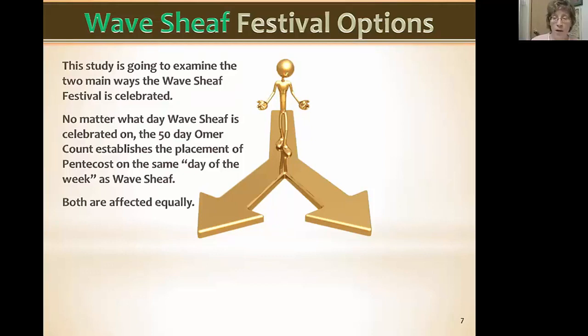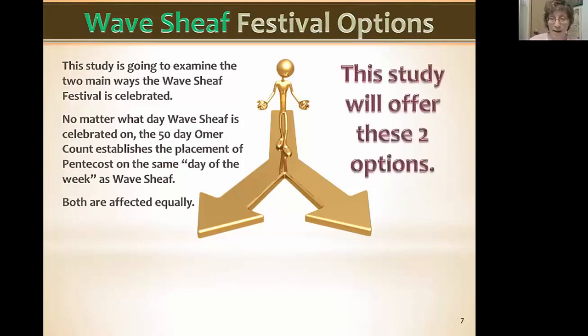So if you've got your Wave Sheaf on the first day of the week or a Sunday, Pentecost is going to be on a Sunday. We know that some of them do Wave Sheaf on Tuesdays and Wednesdays and Thursdays, and they do their 50-day count, and their Pentecost will be on the same day of the week, 50 days later. So both are affected equally.